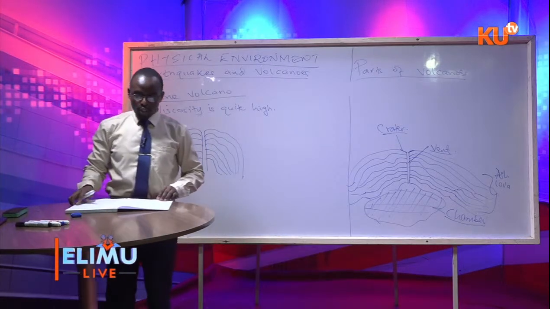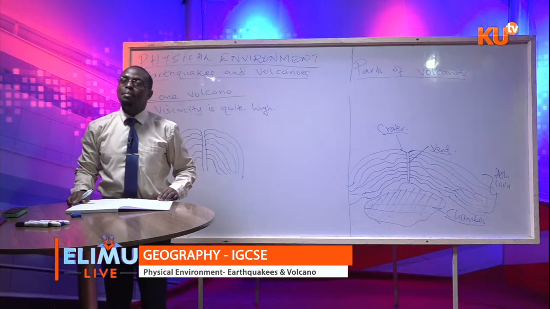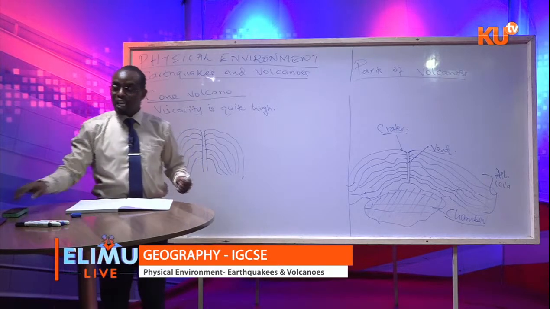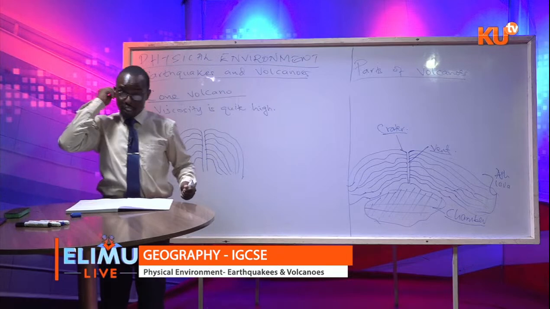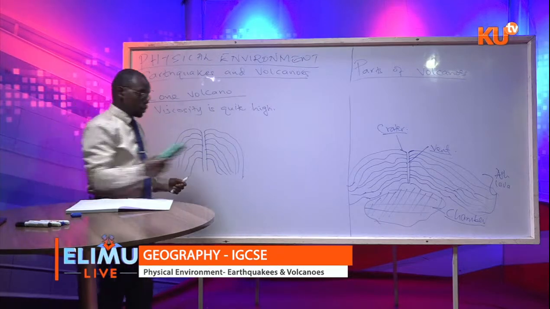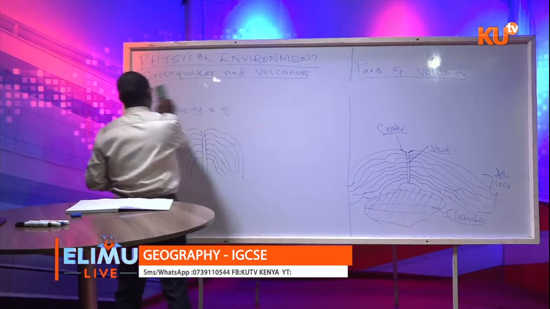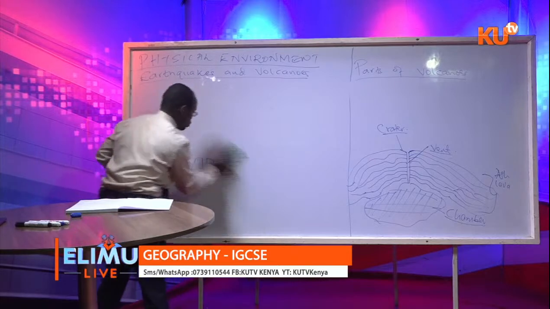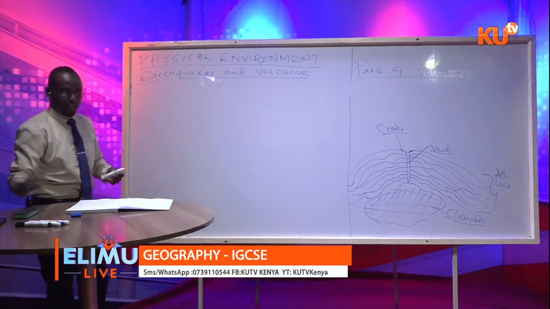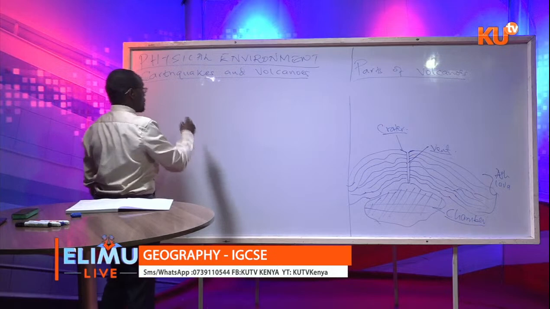Now at this point, depending on the time of eruption, we have three types of volcanoes, and this is what I want to explain before we go to the earthquakes.